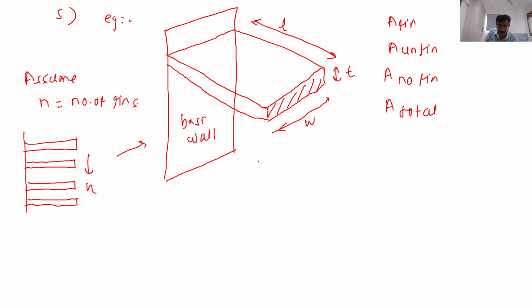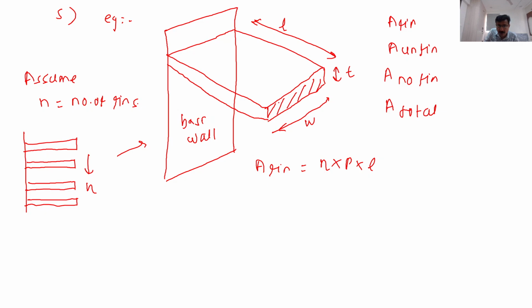So what is A fin? The formula for it is n. We need to multiply by n. Why? Because number of fins are there. So A fin is equal to n into P into L. So remember the formula nPL. Perimeter into length means the total surface area of the fin which is exposed to surrounding, that is available for the heat transfer, which is in contact with the surrounding.